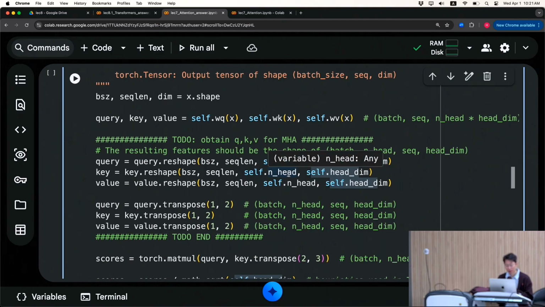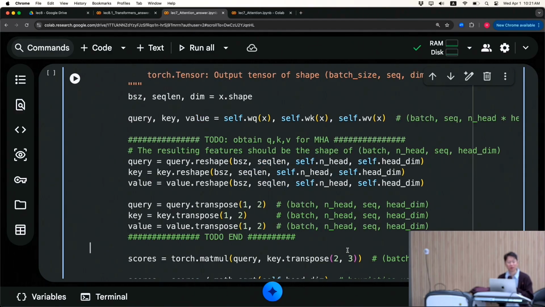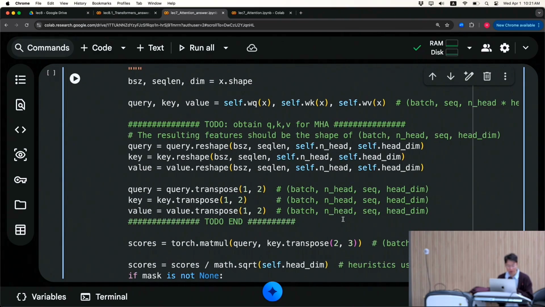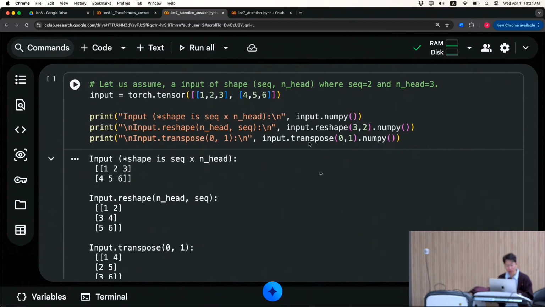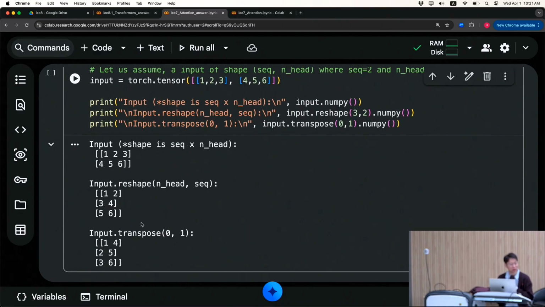Now the number of dimensions match, but this is not the order that we want. We want sequence, head dimension. So we're going to transpose 1, 2: this one, and this one, we swap the order. If this part is unclear, just go back to this tutorial and try to understand how the outcome can be different if you use reshape versus transpose.